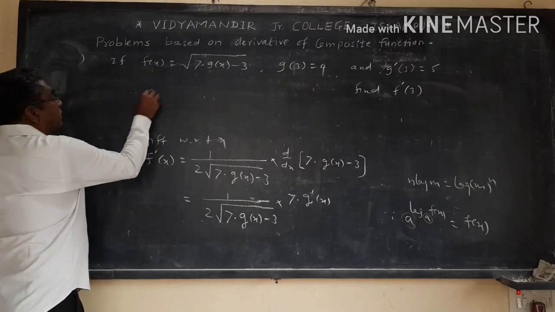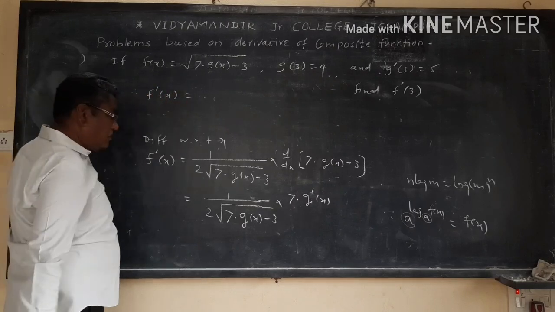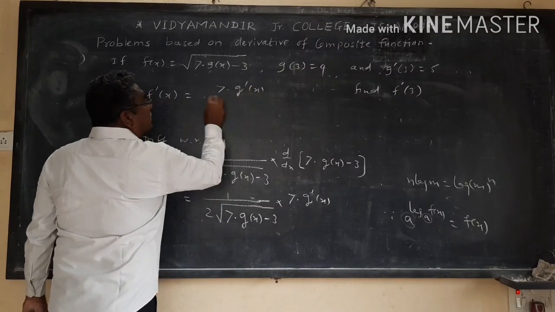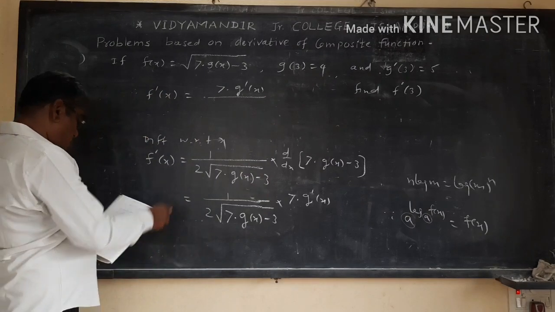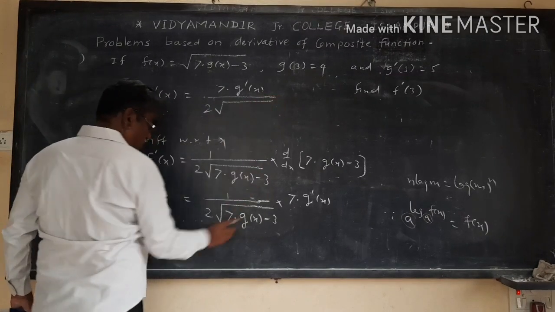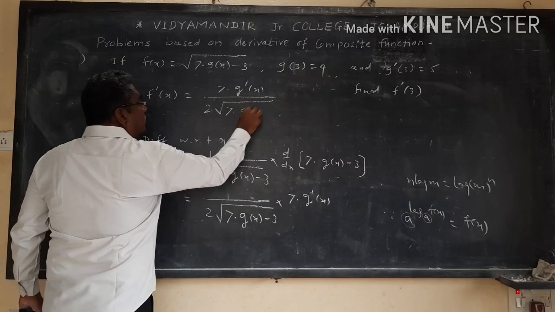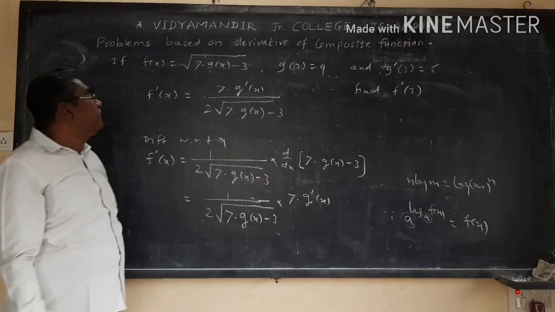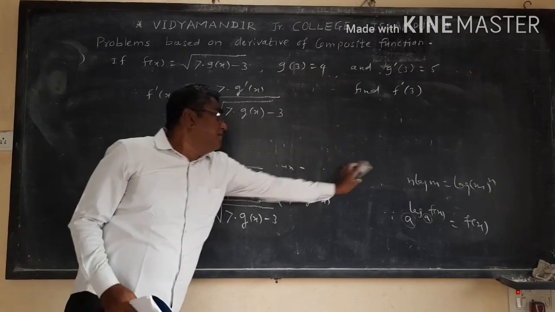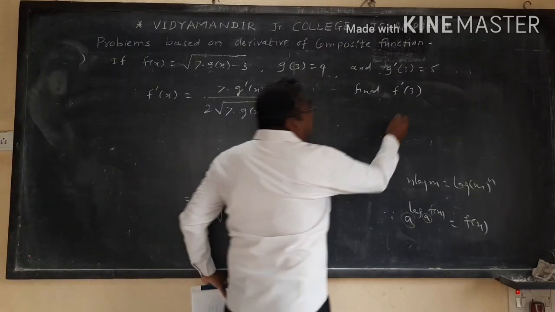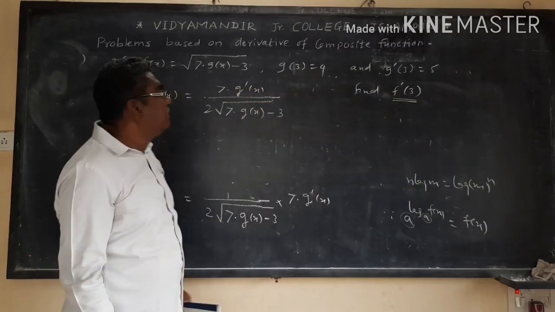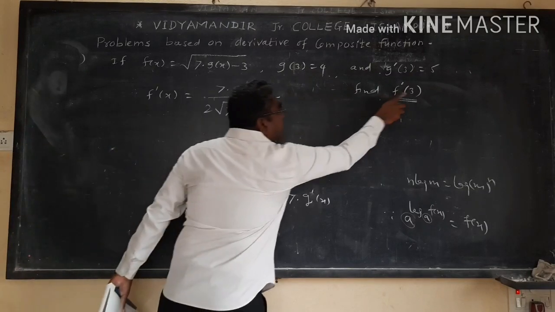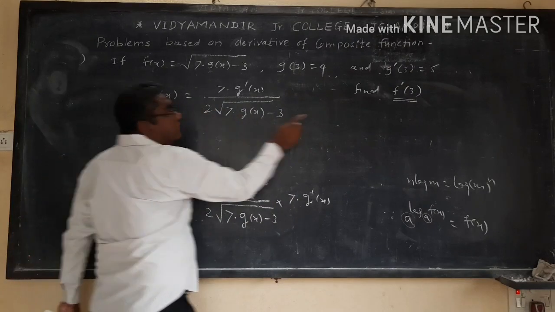Therefore, f dash of x is equal to 7 g dash of x upon 2 root of 7 into g of x minus 3. Now find f dash of 3.